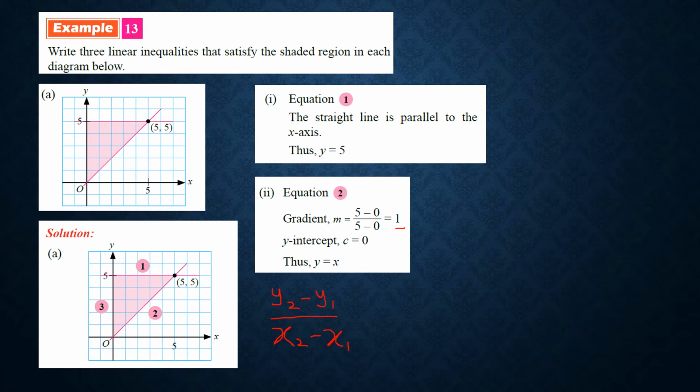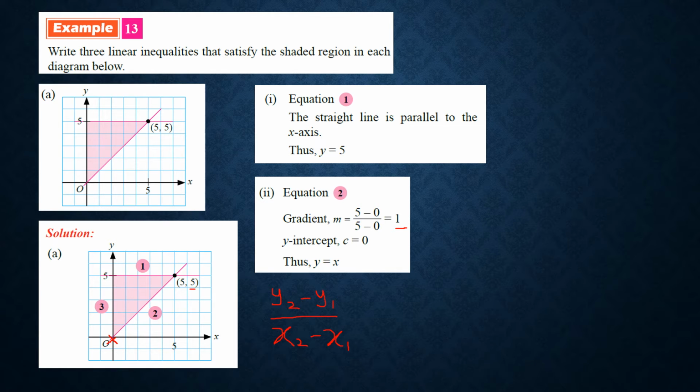So you will get the gradient is 1. 5 minus 0, this is the coordinate. You can take another coordinate here, 0, 0. Then for x also 5 minus 0, so you get 1.